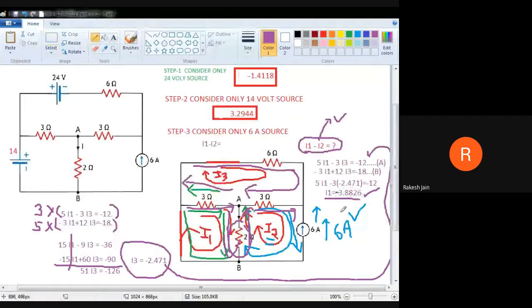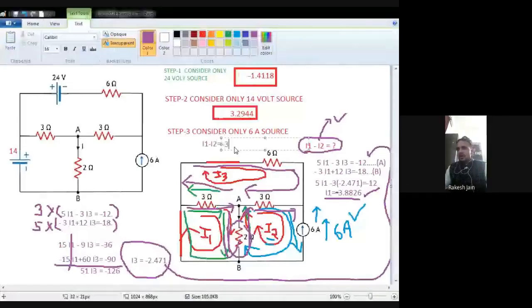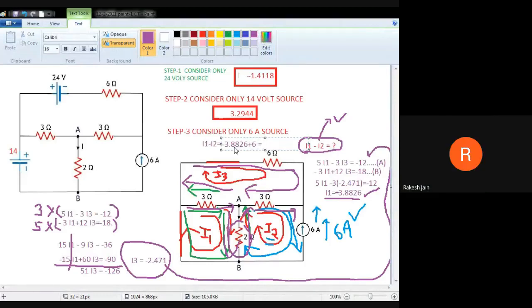Now see equation third: minus 3I1, and I only write I3, so plus 12 I3. At the place of I2 I put minus 6, minus 3 times minus 6, that is plus 18. When they move to the right hand side, it will be minus 18. So this is equation number B.